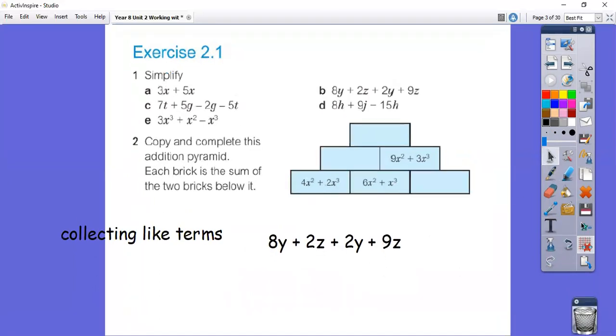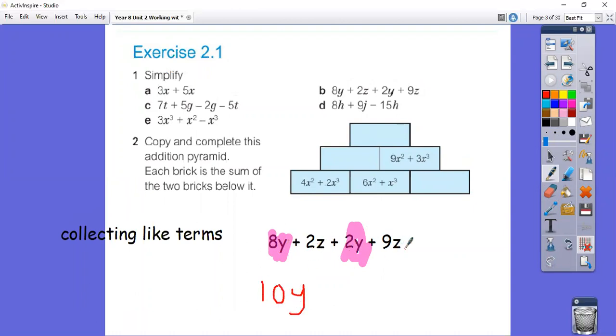So again, which two are the same? If you look, you've got 8y and 2y. These two are the same because they both have the term y. So that's going to give you 10y.